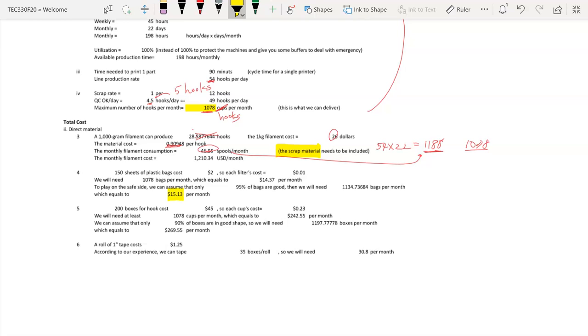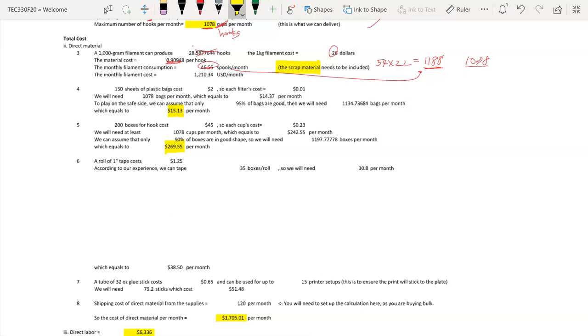So if you change those numbers, the dollar amount would change. So play with that. And we'll need this amount per month. And glue sticks are used to set up the printer. And then when we add up the total together, that is the amount we get.